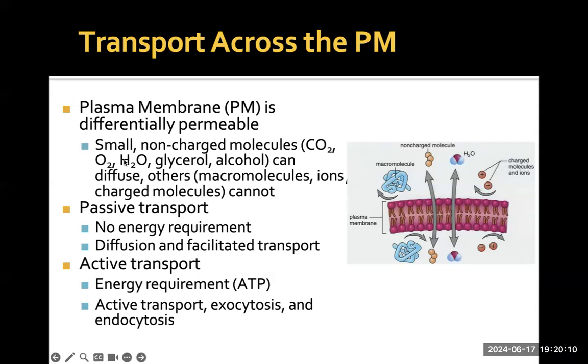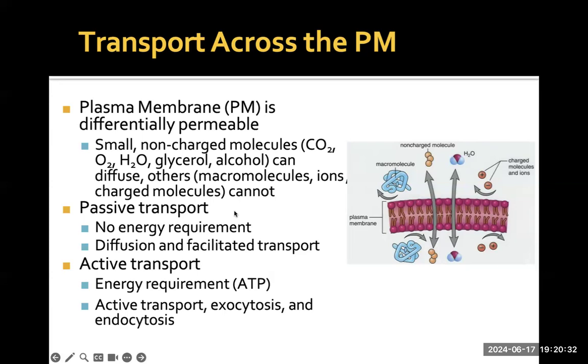So any small non-charged molecule like water or alcohol or O2, those can diffuse, meaning move through very, very easily. Anything that is bigger, charged, or an ion cannot move through easily.